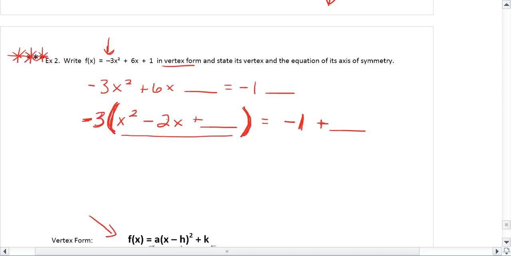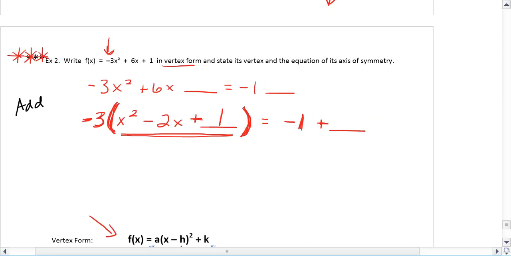Complete this square and build a trinomial square inside the parentheses. Half of 2 is 1, 1 squared is 1. So if you add a 1 right here, now we have a perfect trinomial square in here. But now you need to ask yourself a question. What did you really add to this side?